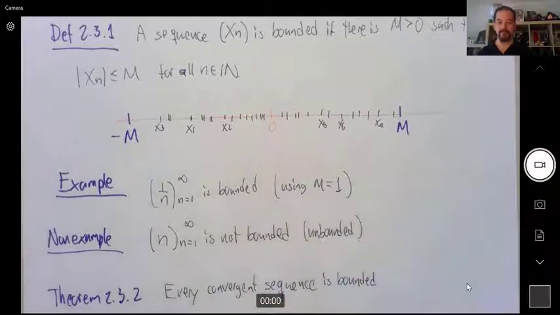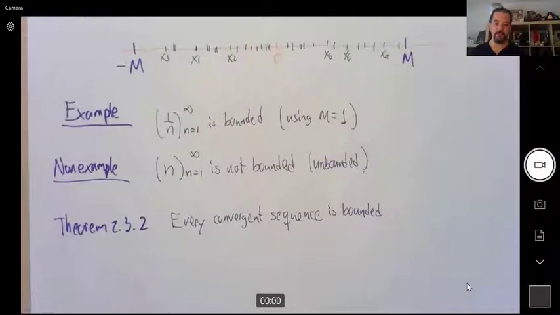That's nice, right? So if you have something convergent, it is bounded. And now you can use this in a backwards way, right? If you have a sequence that is unbounded, then it's not convergent, right? It's the contrapositive of that statement.